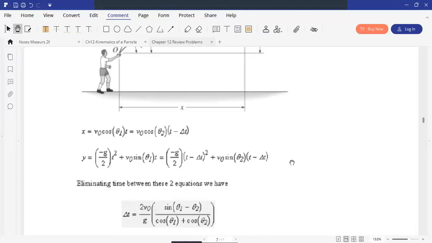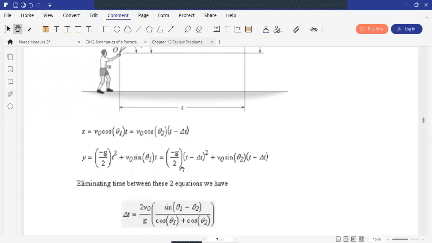Here we have two unknowns. What are they? Delta t first, which is the elapsed time between launching A and B, and the second unknown is the time where they will meet each other.